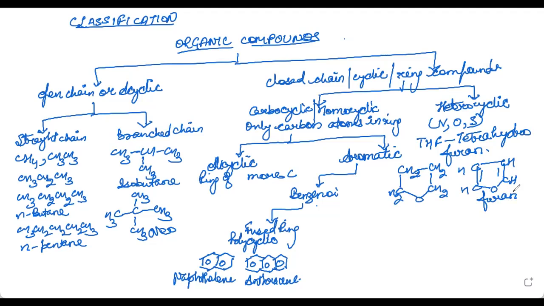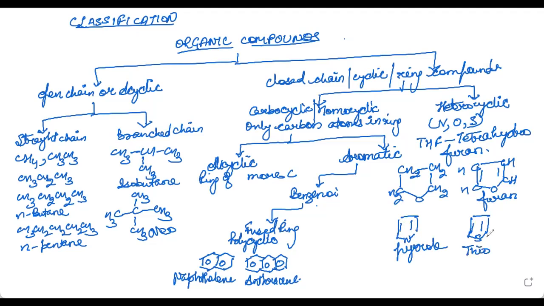Okay, then there is pyrrole. In case of pyrrole, nitrogen is the heteroatom present. Then there is thiophene. Whenever the word thio is used, it means there will be sulfur in the compound.